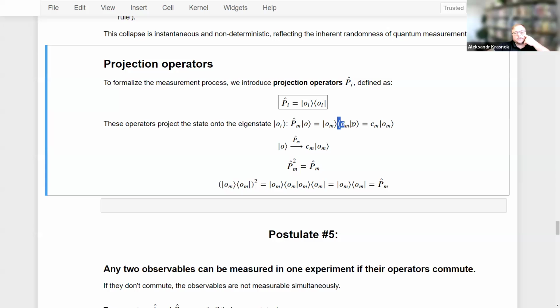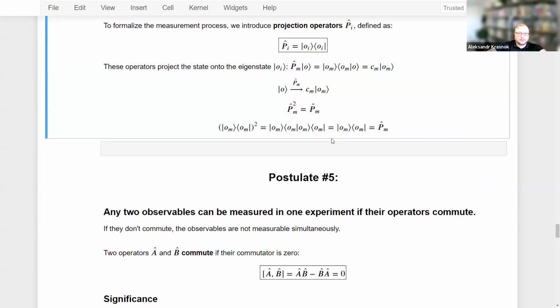Now you can notice that this product is nothing but the inner product of the basis vector and the state vector, which is simply the projection of the state vector on the particular basis vector, with coefficient C_m, right? So this is the result. Indeed, this projection operator creates the particular state m from the general state, which is the superposition of all possible states, right?